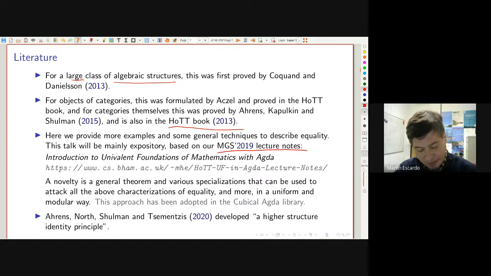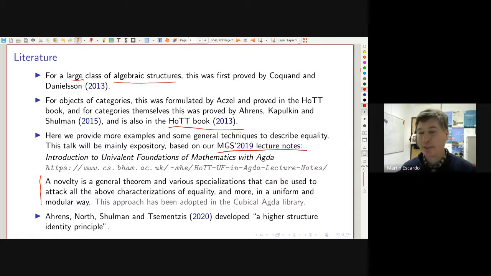So what is new in what I'm going to talk about now is a general theorem that can be applied for groups, for topological spaces, for categories, and many other things. And also, it can be applied in a modular way. So for example, if you have a group and then you add more structure to the group so that it becomes a ring, then you can actually combine two theorems about each of the two structures to get a combined result.